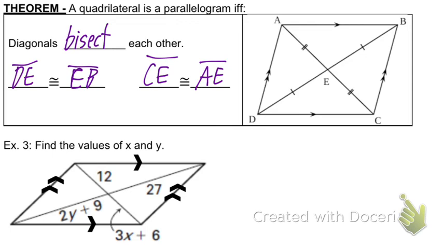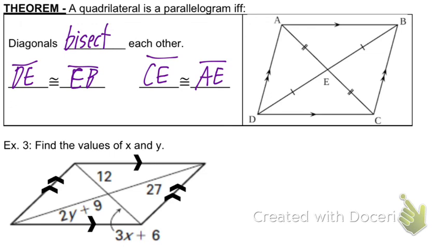So both diagonals are cut in half by the other diagonal. Does that mean all four parts of the diagonals are congruent to each other? Does that mean E to C is congruent to E to D? Not necessarily. Could they be? Yeah. Do they have to be? No. E to C has to be congruent to E to A, but not to anything else.